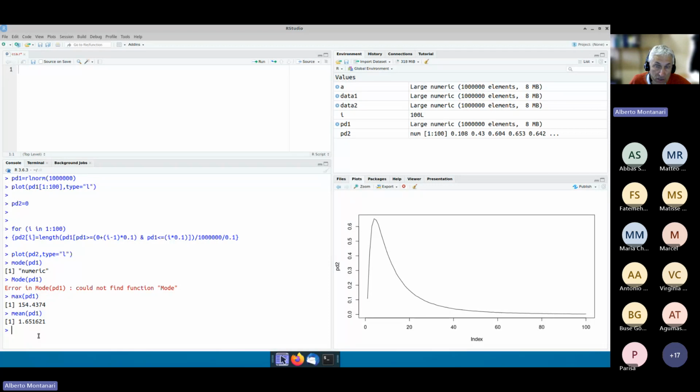So even if the average is low, I get a max that is very large. So if this was the intensity of a natural hazard, I should be concerned, because occasionally I can get an intensity that is very large.